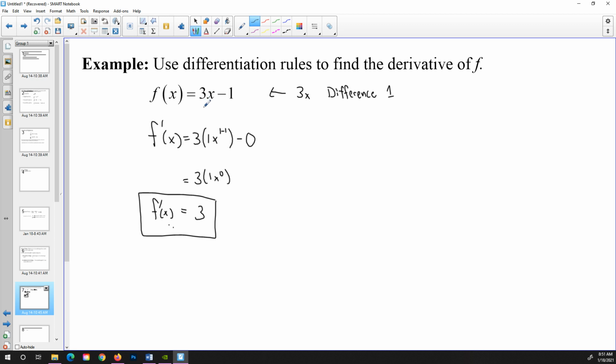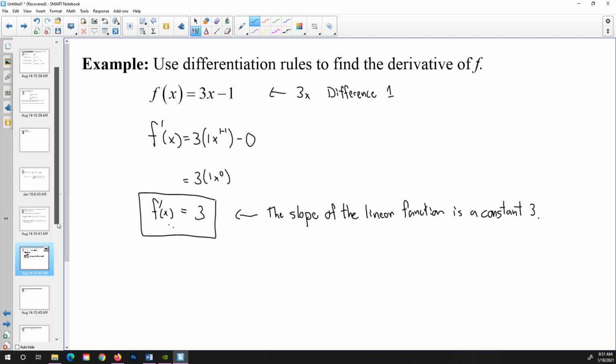Its slope is 3, so that makes sense because this thing says that the slope of the linear function is a constant. In this case, it is 3. All right, let's move on.